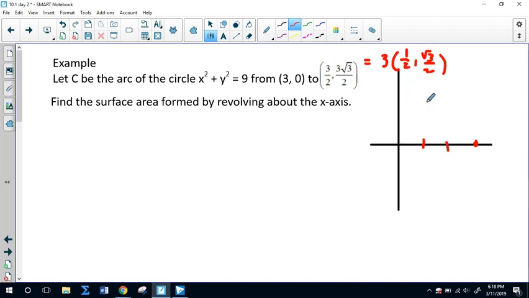Okay, so pi over 3 is about here. So we're looking at this arc length here, that whole entire stretch of it, and we are going to revolve it about the x-axis. So you're going to have some stuff that's going to come down this way, okay? All right. Well, that was terrible.